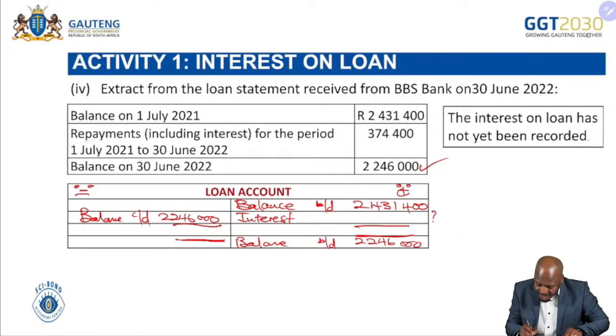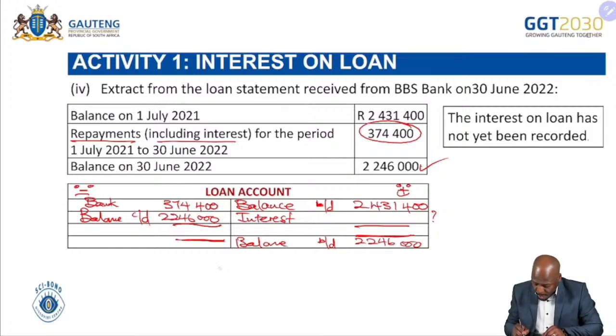But we've been told that the repayments that include interest are 374,400. So I'm going to come here, I'm just going to call it repayments. I'm going to say bank, and then I'm going to have my 374,400. If I'm to close this thing up, you look for the side with the highest amount. Obviously, it's a ledger account, remember. So you're going to say the 374,400 plus the 2,246,000.